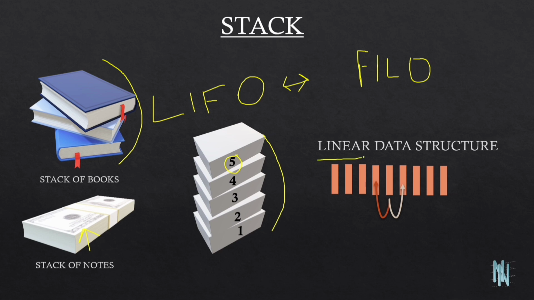Now, stack is a linear data structure. What does it mean by linear data structure? Basically, a data structure where elements are connected with their previous as well as their next element directly. You can see here this element is connected with this and this element directly, so that's why it is known as a linear data structure.